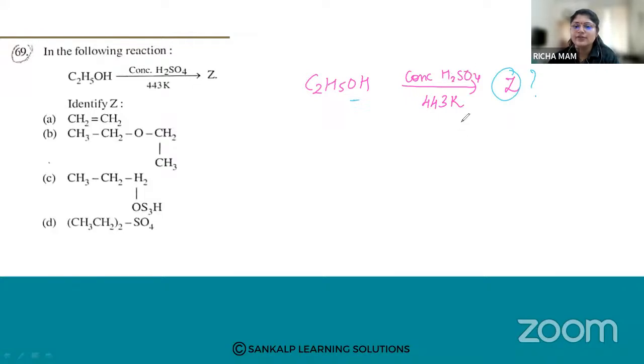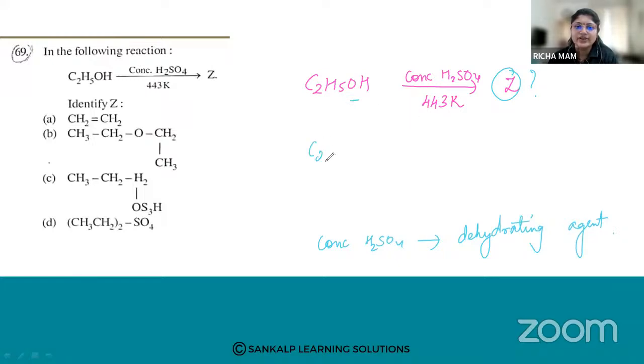We know that concentrated H2SO4 is a dehydrating agent, which means it is helping. If you treat it with alcohol, it will remove the OH group as a water molecule.